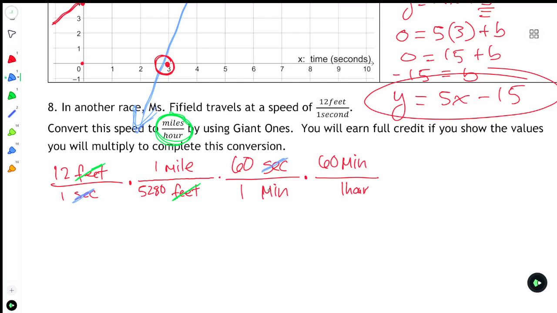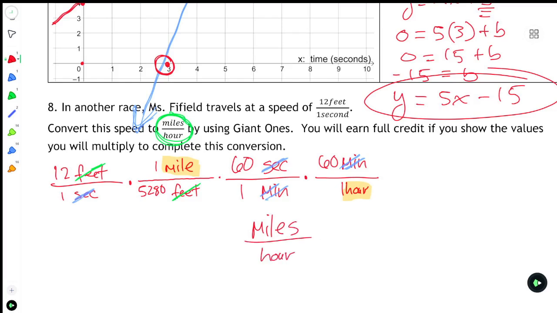And not only are the seconds gone, but minutes over minutes, the minutes are gone. And the only units that remain in this entire problem is in the numerator, I've got miles, and in the denominator, I've got hour. So whatever this number is, it's a rate that is expressed in miles per hour. So I can write right here, hey, the number is miles per hour.